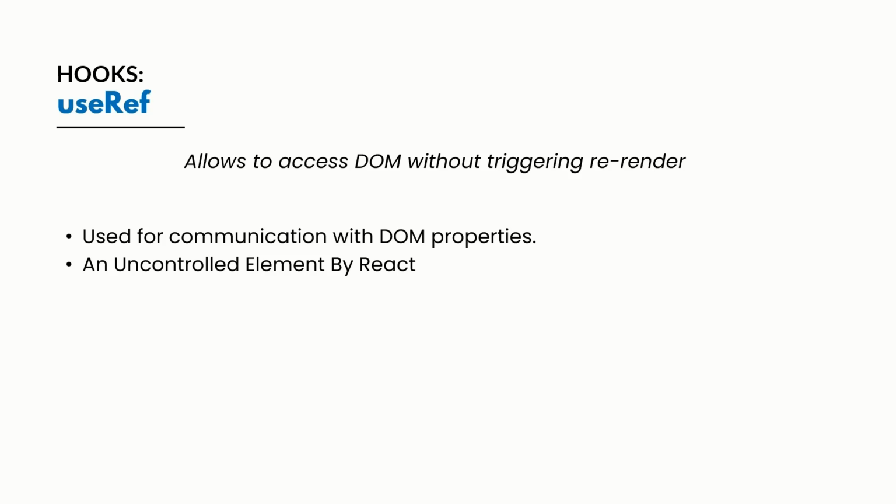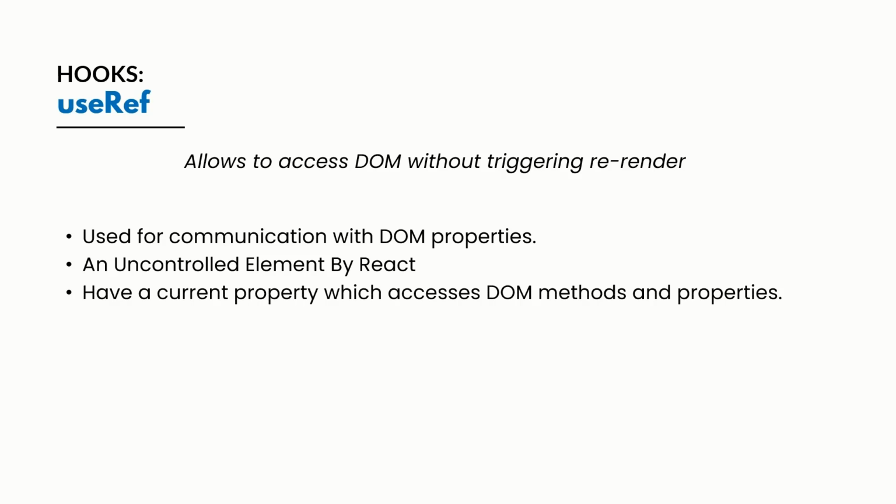If there is an h1 tag, or again an input tag, and we change a value inside the input, React will take care of those values and automatically persist them across all re-renders. But if we have an uncontrolled element, it means that element is controlled by us. We can grab the DOM properties and methods of that element and control it on our own. That element will not be controlled by React.